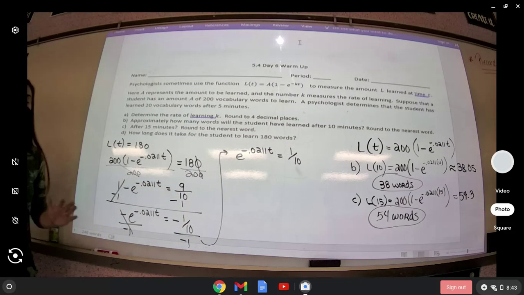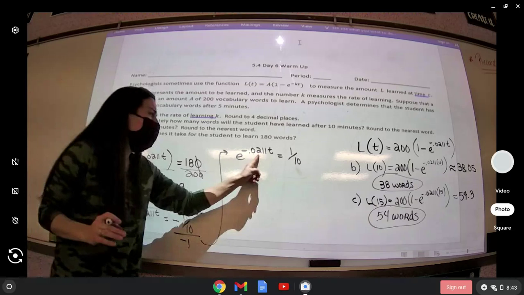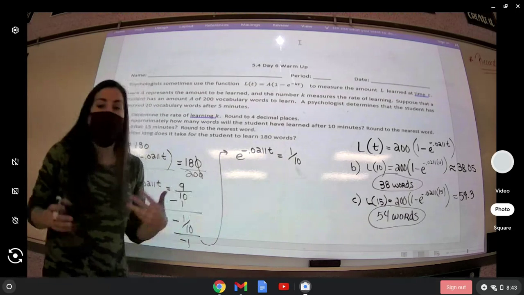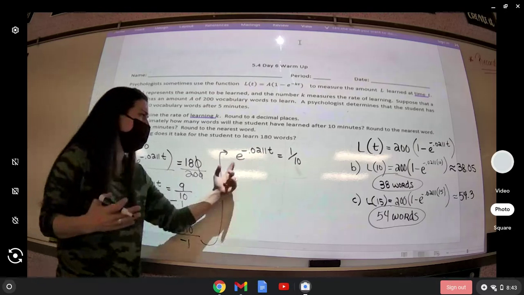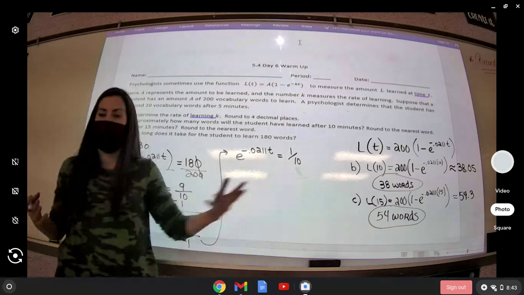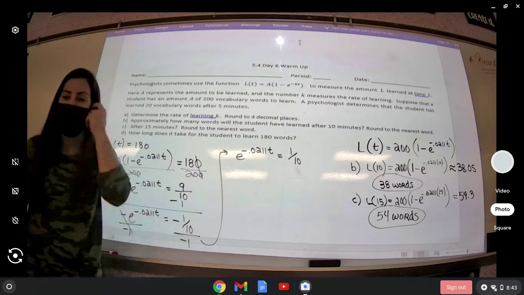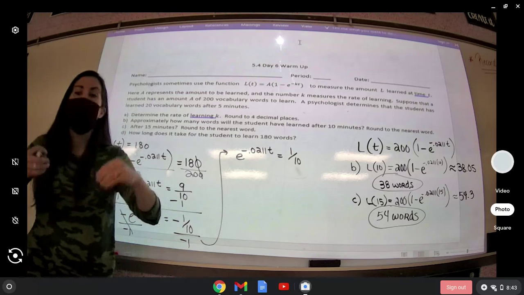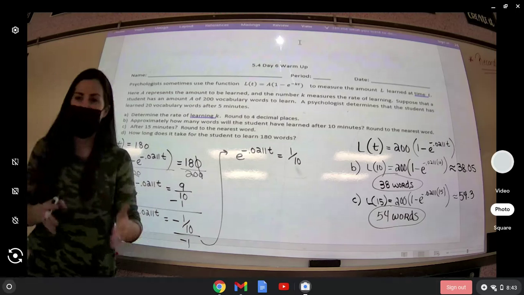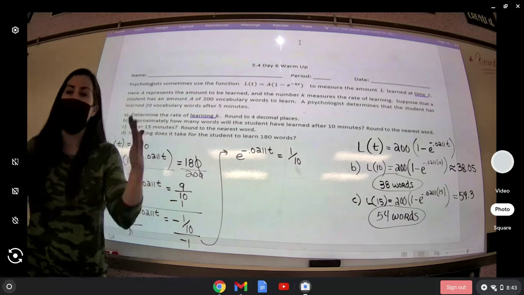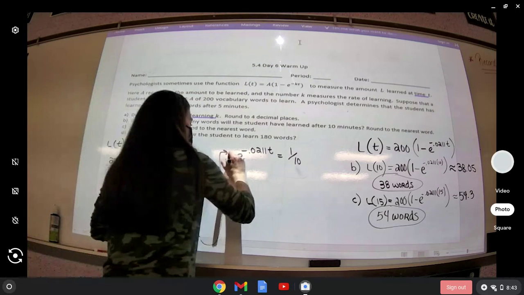So now we're here. E to what power will equal 1/10? Well, again, unless you sit and plug and chug numbers for t until you get this to equal something close to 1/10, the only other way to solve this is to undo this base e exponential with a base e logarithm. So take the natural log of both sides.